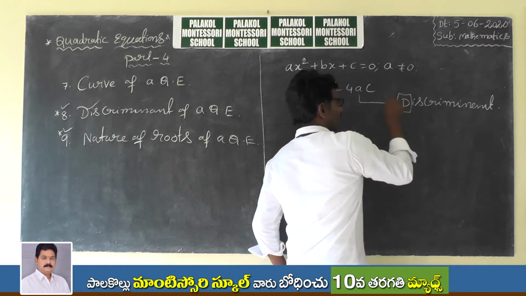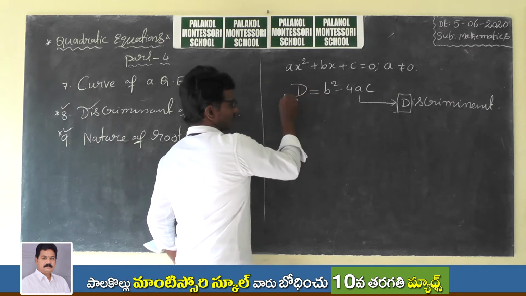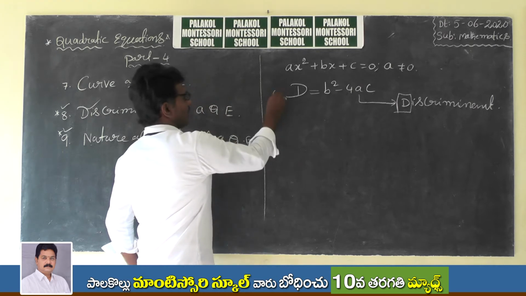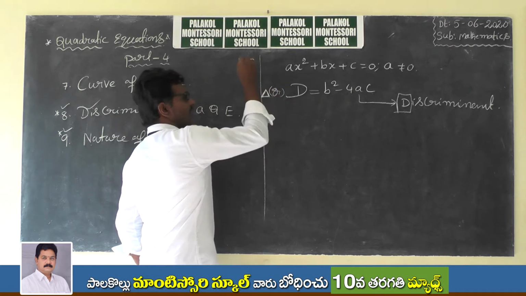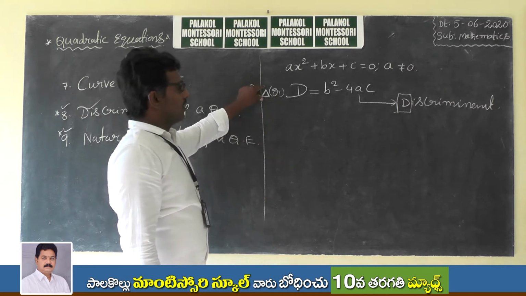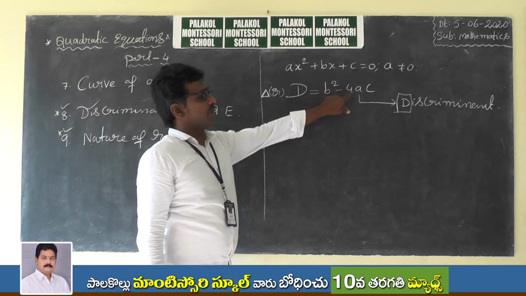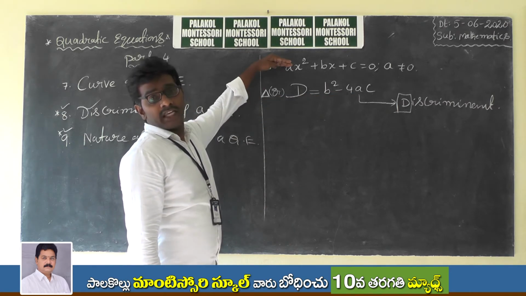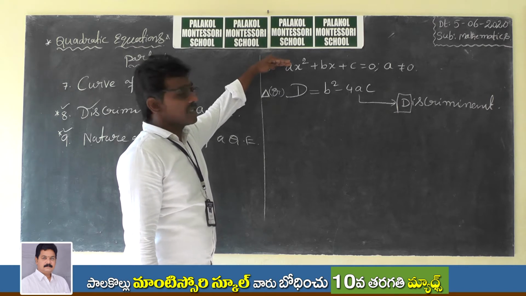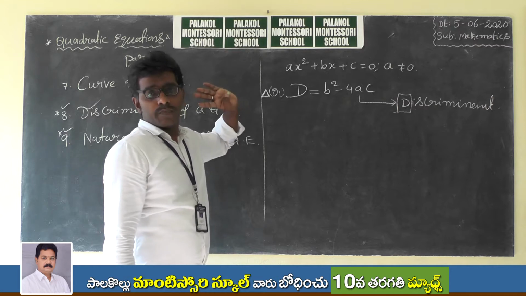What is the first letter? D. So it is represented by D. In higher classes it is represented by delta. Delta or discriminant D equal to b square minus 4ac. This is the discriminant of the quadratic equation ax square plus bx plus c equal to 0, a not equal to 0.